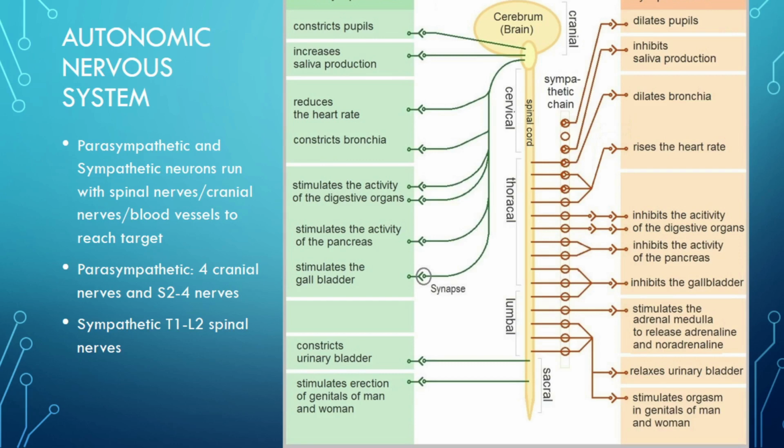So the parasympathetic system arises via 4 cranial nerves that we'll talk about in a little minute, and also the spinal cord segments S2 to S4. And then the sympathetic system arises from spinal segments T1 to L2 exclusively. So this tends to be the case in everybody. It doesn't tend to deviate.